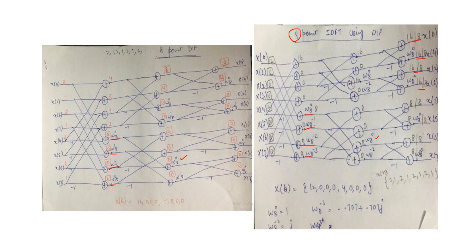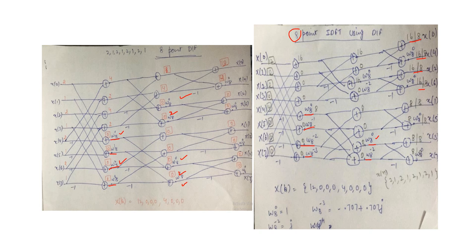Here W8^0 means W8^-0, and W8 here is 2, W8^2, because we skip the 1. In this stage it is W8^0. In the next stage it will be W8^0 and W8^2. In the third stage it will be W8^0, W8^2 and W8^-2.